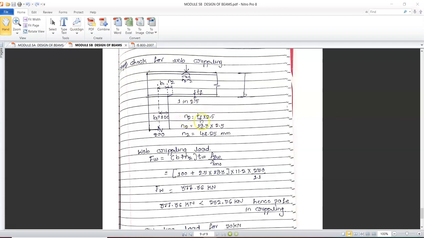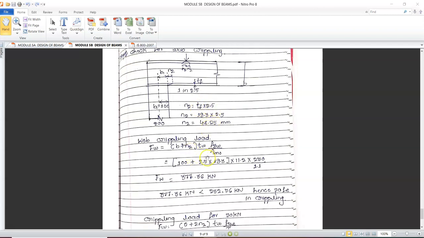So N2 becomes thickness of flange into 2.5. For every 1 mm in the vertical direction, the load disperses 2.5 mm horizontally. So the total horizontal load dispersion will be the thickness of flange into 2.5.